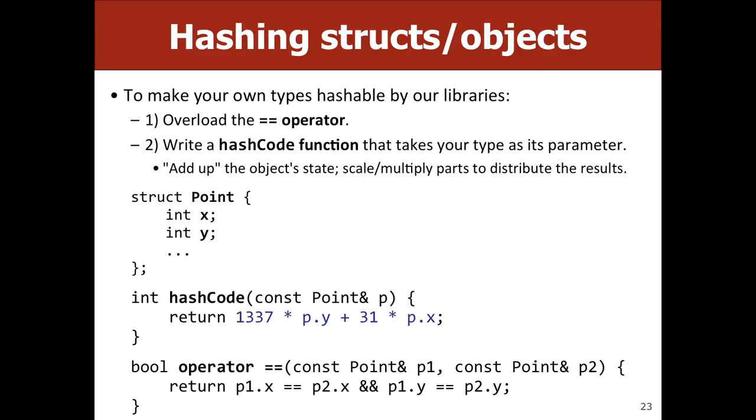Generally we have good hash functions for basic types like ints or strings, so you would need to come up with some way to weight, balance, or add those parts together to make your own hash function. In this case, we're multiplying by two different numbers to get a better spread.